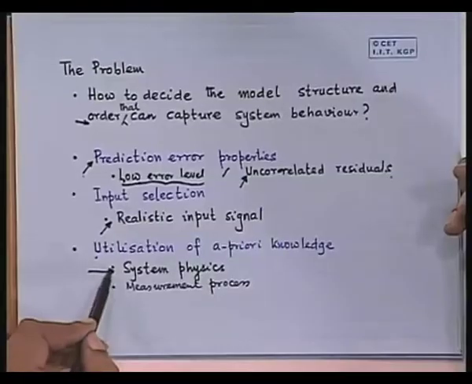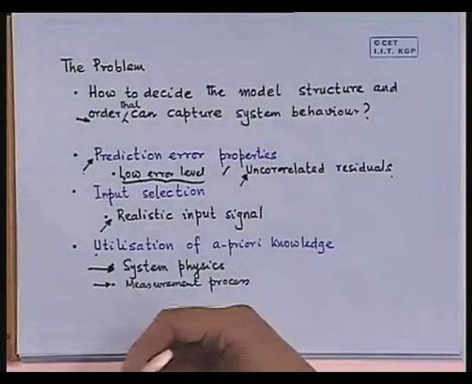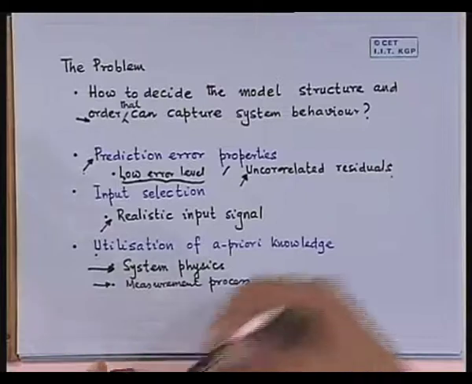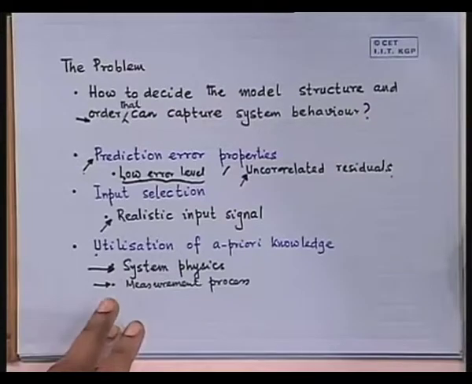So you have to use system physics, and you have to use also the knowledge of the measurement process. Suppose that the measurement process may have a bias. It may have a DC bias. So if you know that it may have a DC bias, often what you do is, rather than working on normal data, you may like to work on difference data. That is, you create a different input which will be u(k) minus u(k-1).